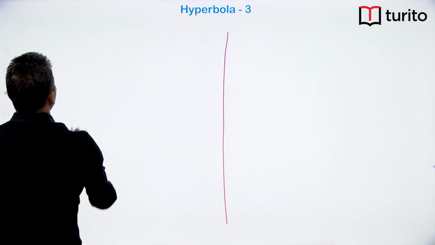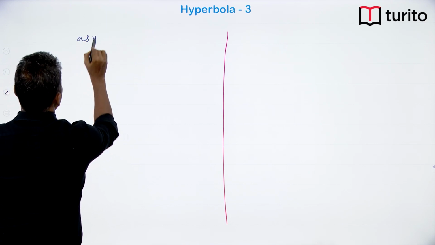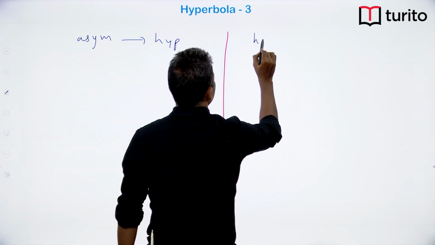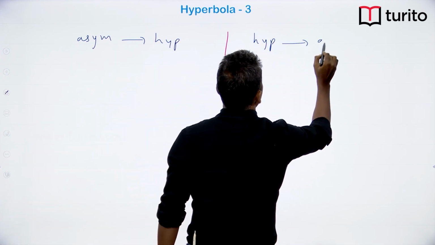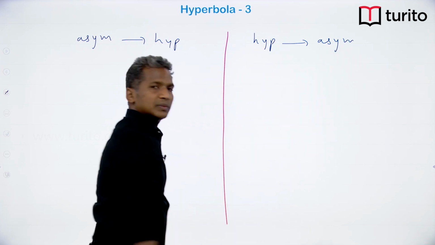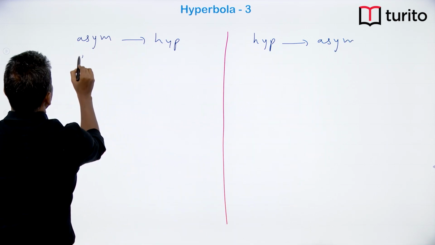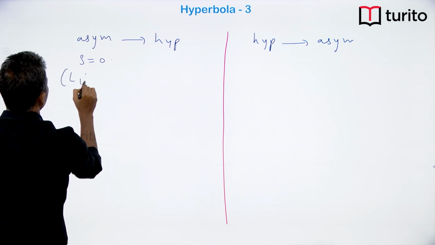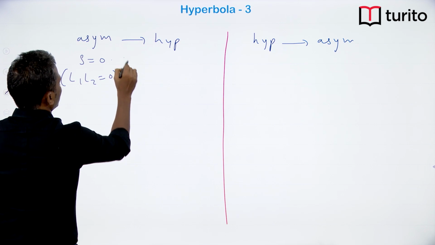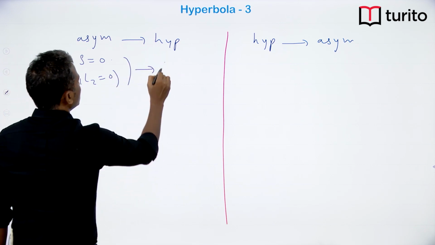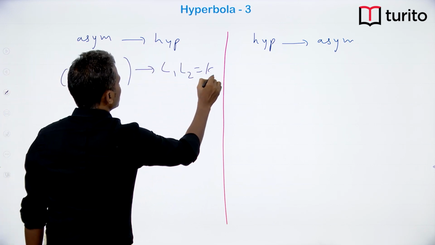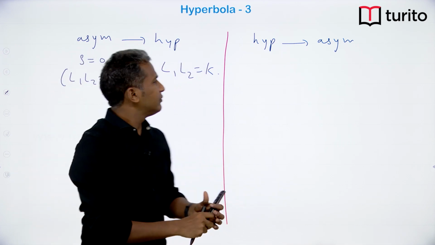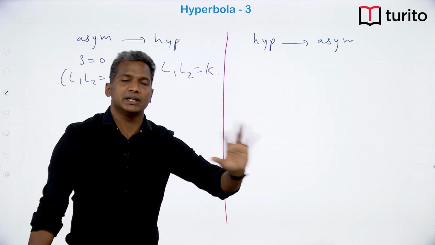One case is we are dealing with asymptotes to hyperbola, the other case is hyperbola to asymptotes. Here, let us say the equation of asymptotes is S equal to 0, basically that means we have L1 L2 equal to 0. So, from here how do we get the hyperbola? We can just take L1 L2 equal to a constant, basically it could be lambda or minus lambda. We can derive this constant by putting the condition.